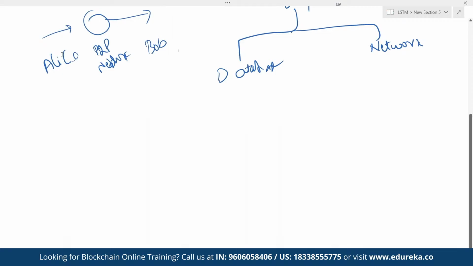Instead of initiating an EFT transaction in her internet banking, she just has to initiate a transaction in this P2P network. And when we talk about this blockchain, you can think of it as a database, and you can think of it as something like a server or a network.